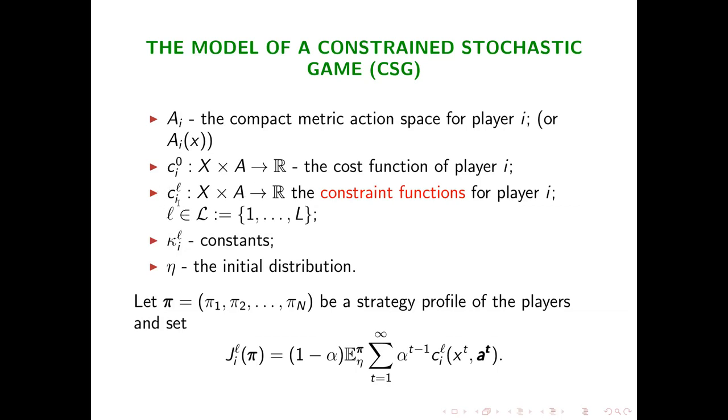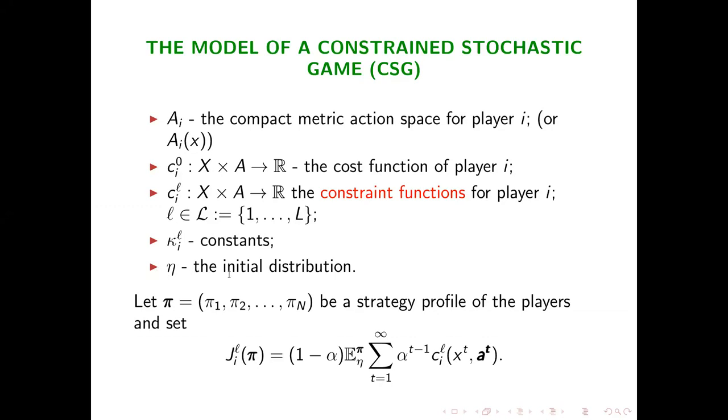And we have extra functions called constraint functions for player i. These functions are c_i^l. And we have constants kappa_i^l. And these functions, constraint functions and constants, help the player to design additional constraints.